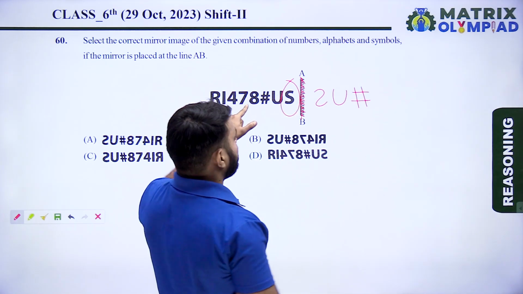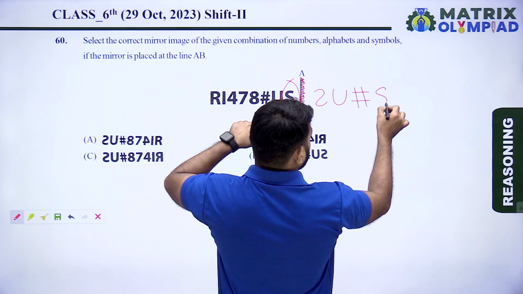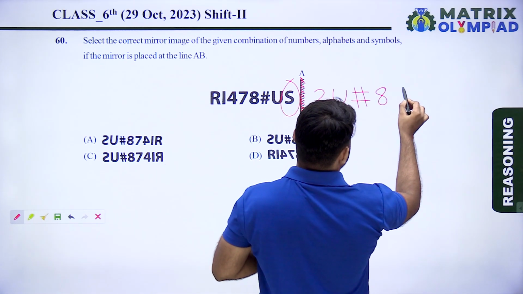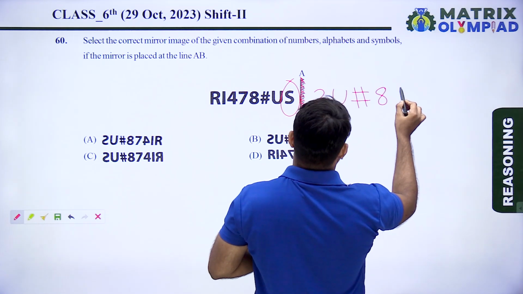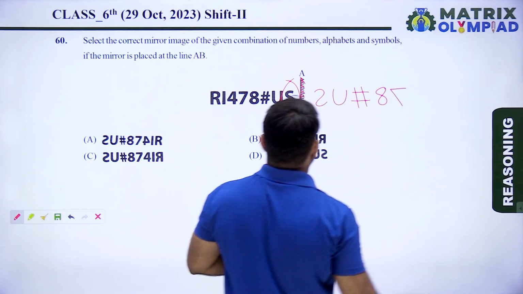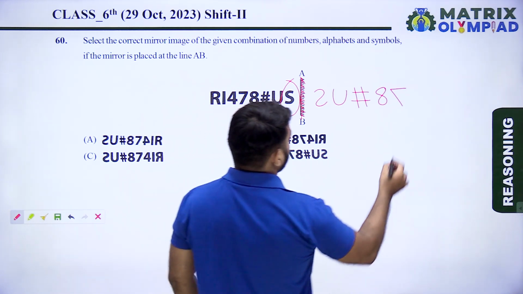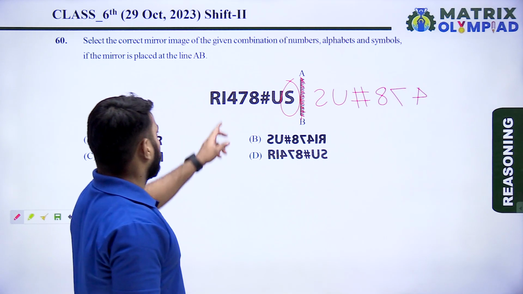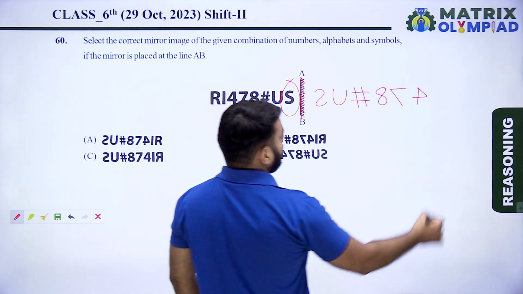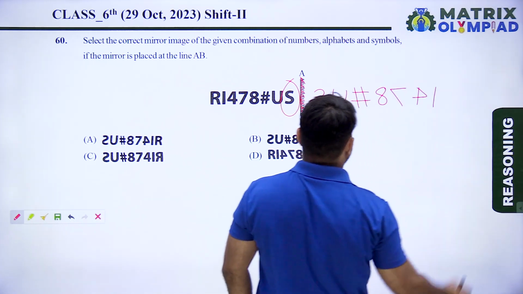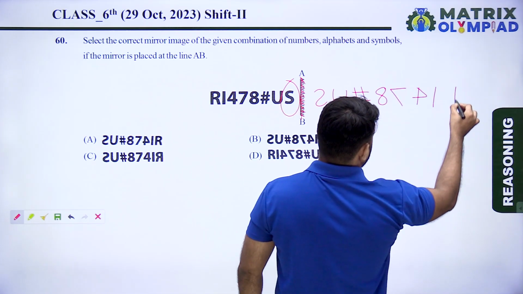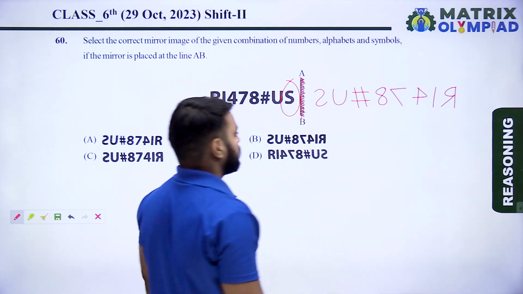Now find the mirror image of 8. So mirror image of 8 looks like this. Now find the mirror image of 7. So mirror image of 7 looks like this. Now find the mirror image of 4. So mirror image of 4 looks like as follows. Now find the mirror image of I. So mirror image of I looks like this. Now find the mirror image of R. So mirror image of R looks like as follows.